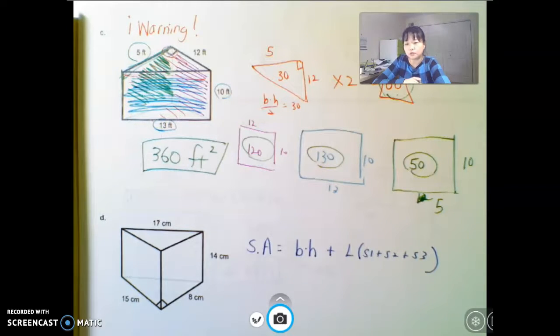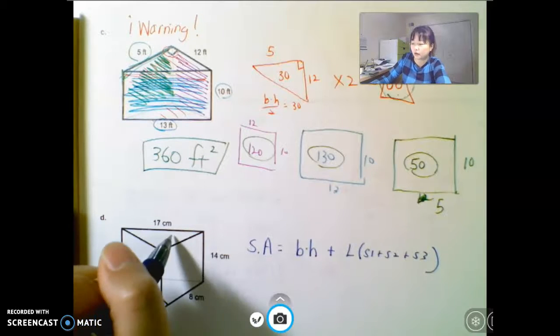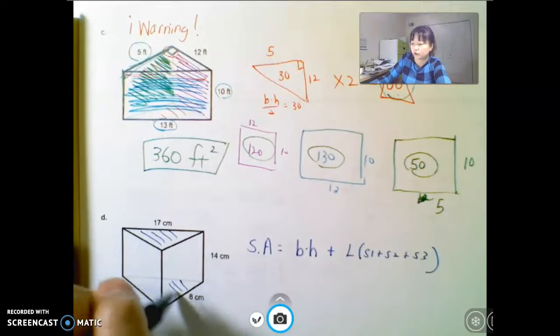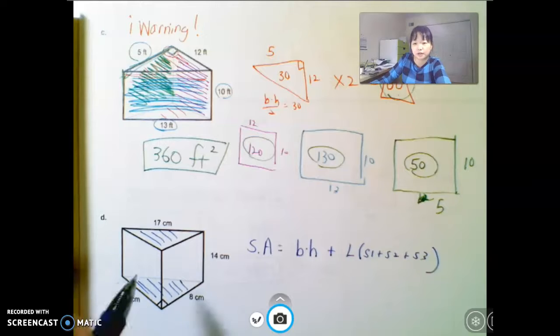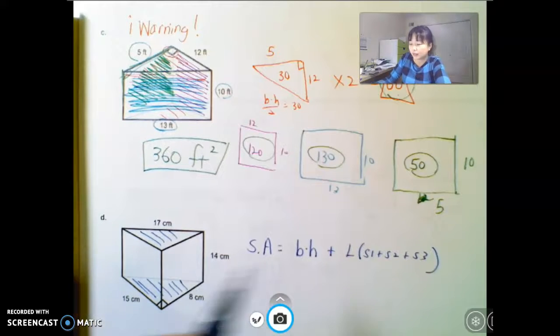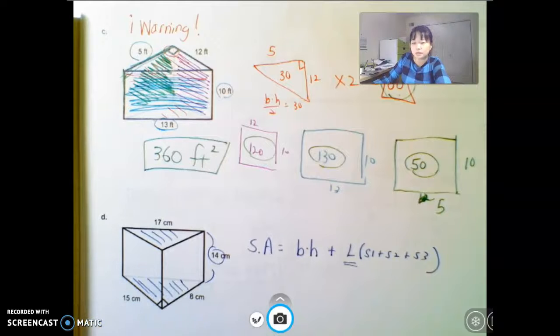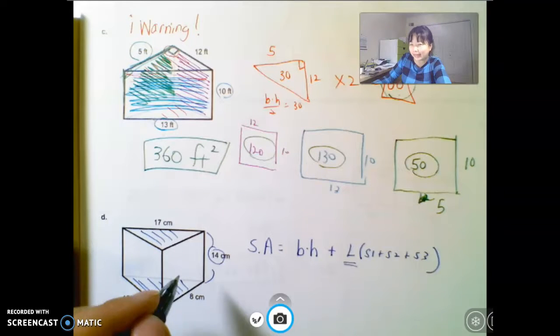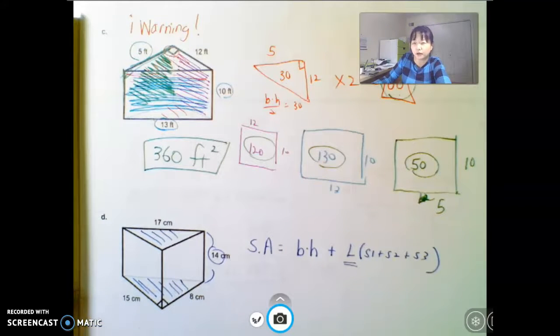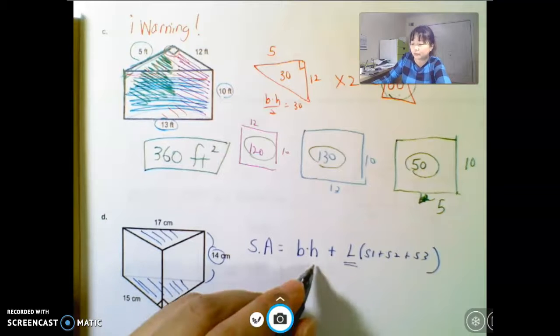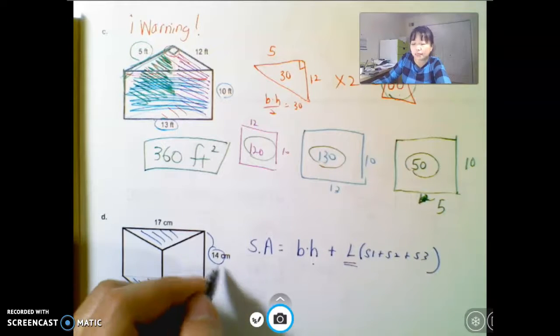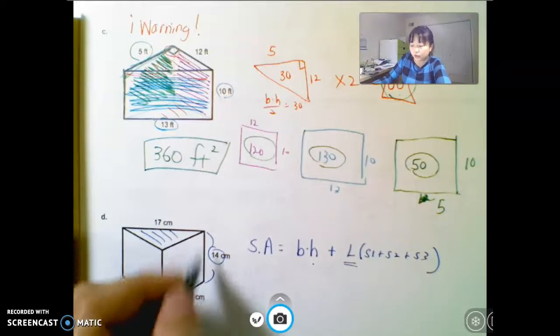The bases of the triangular prism are triangles, but instead of dividing by 2, we're just going to keep it as base times height, because there are always going to be 2 triangles. And then the L stands for the length of the whole triangular prism. It's like the height, but we didn't want to use another letter H because we already used H for the height of the triangle.